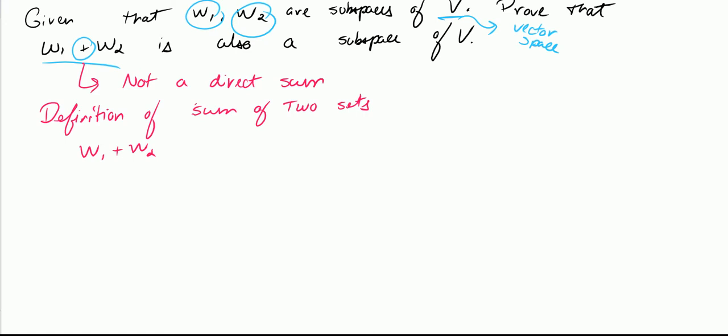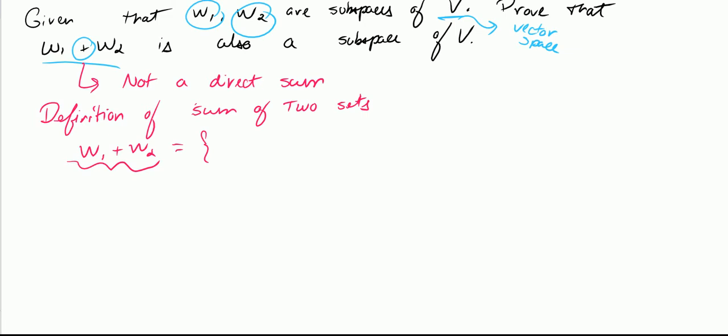This is actually a set in itself, but how do we define it? Well, we say that the set W1 plus W2 contains the elements. A set is something that contains elements or objects or vectors, whatever.